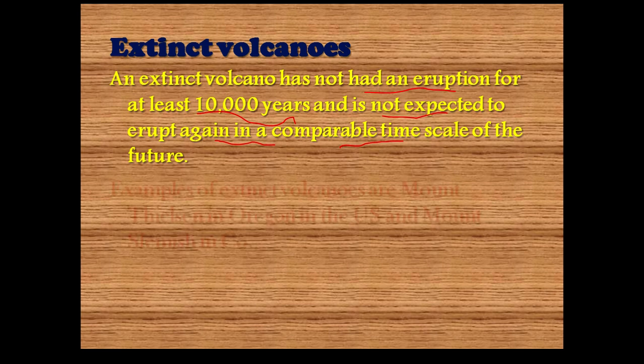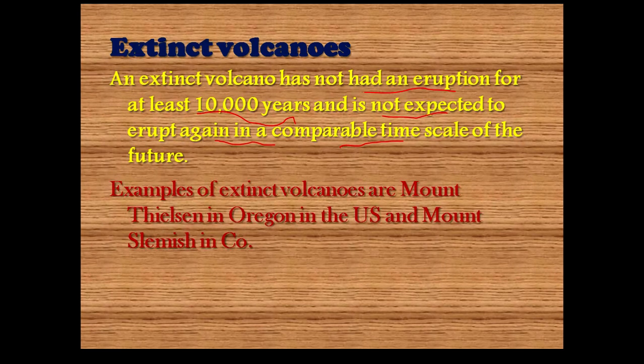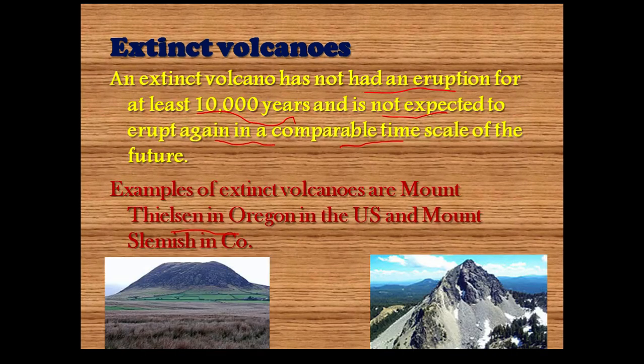Examples you can see here of extinct volcanoes: Mount Thielsen in Oregon in the US, and also Mount Slamish. This one is Mount Thielsen and this one is Mount Slamish.